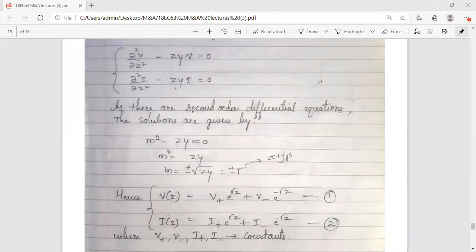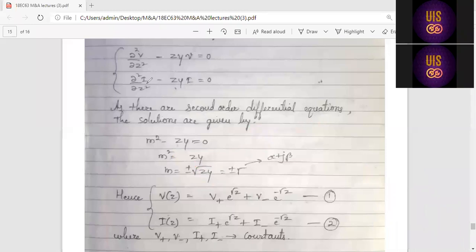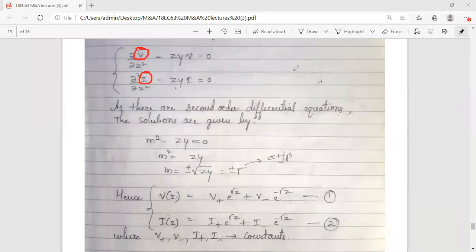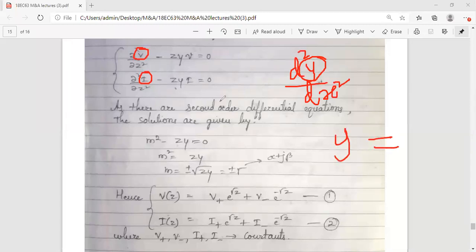So how will you write the solution finally? As these are the responses for your differential equation. See, if I take dy by dx, or whatever, if this is your differential equation, this will give you your solution, LHS, y is equal to.